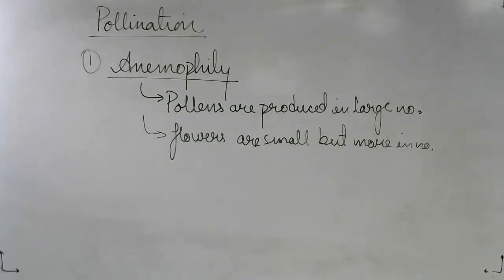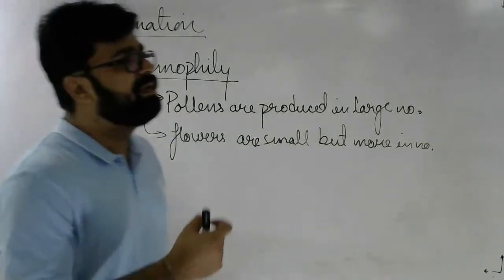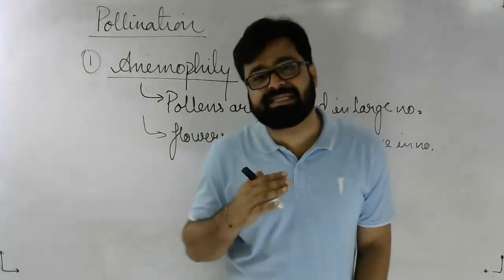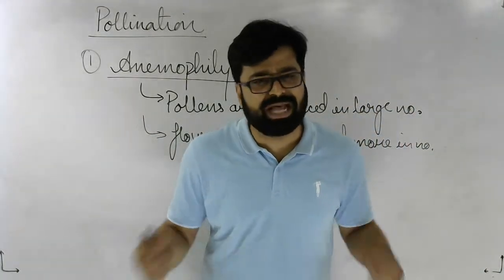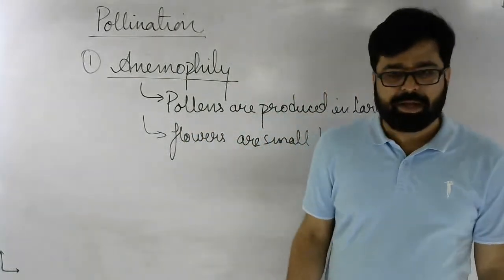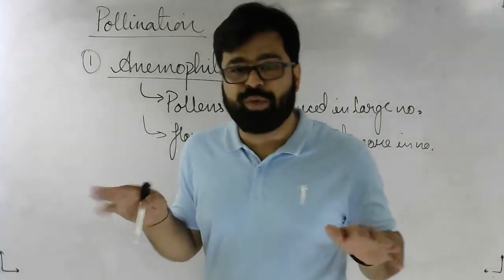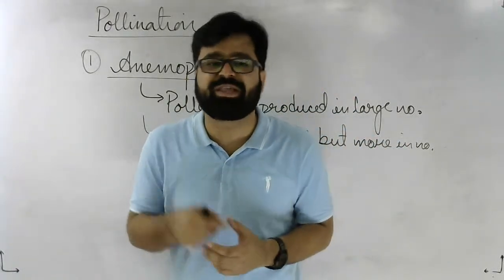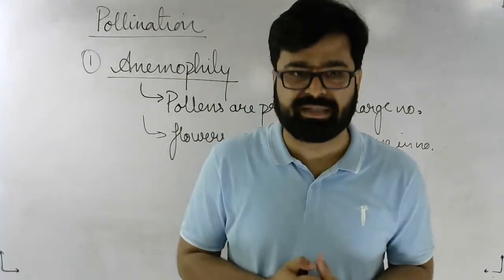Next, pollen grains are very light, right? They are very lightweight, so that they can easily move with the help of wind. बहुत lightweight होंगे, अगर heavy हुए तो wind की help से move नहीं कर पाएंगे. Plus, some pollens are winged. उनके पास ऐसे structure होते हैं wing-like, which helps them in moving with wind, right?